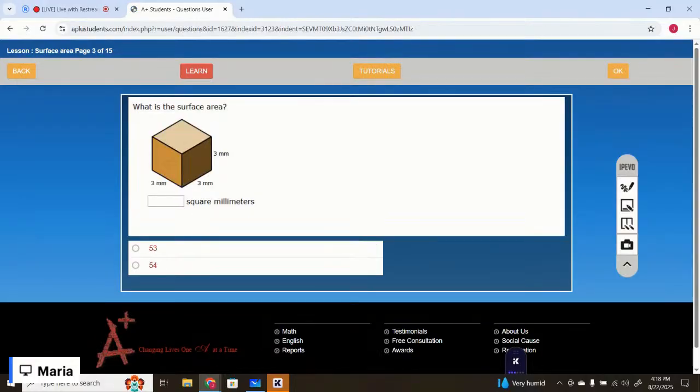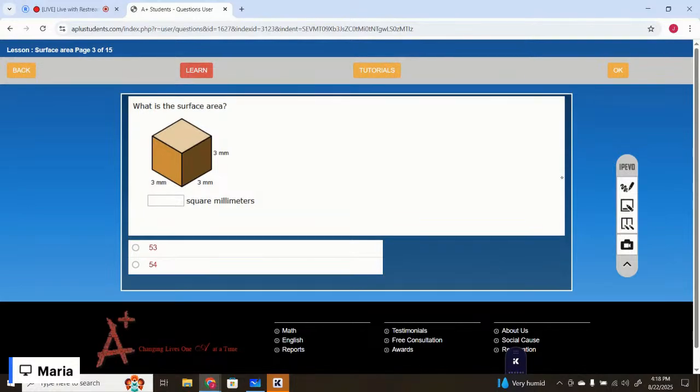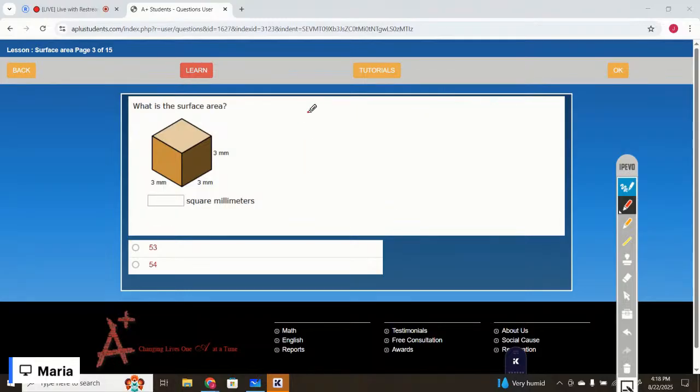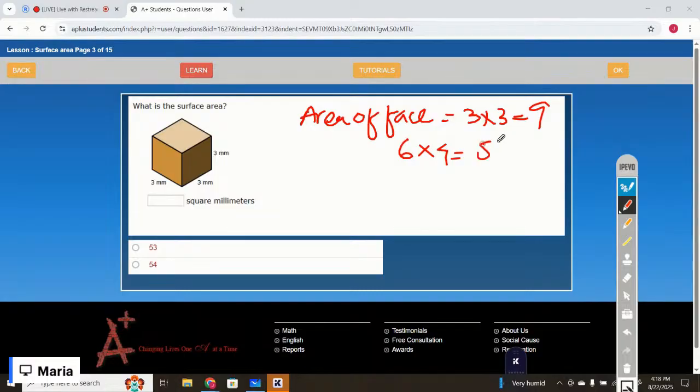What is the surface area? So that is a cube, right? So we need to calculate the area of one face. So 6 times 9 is 54.